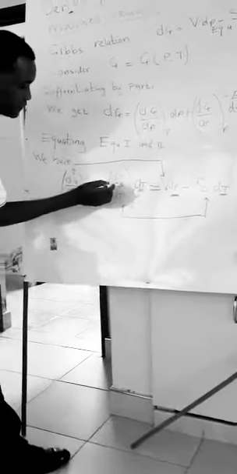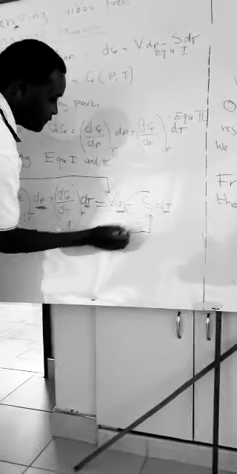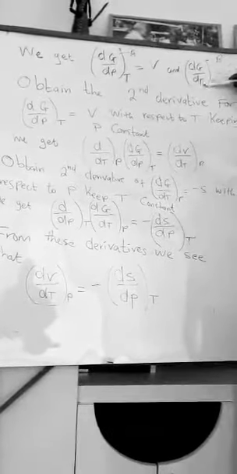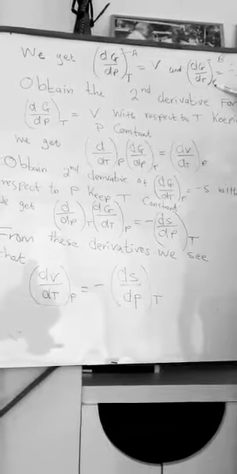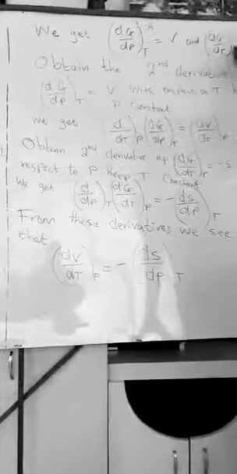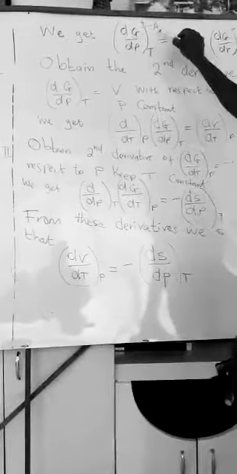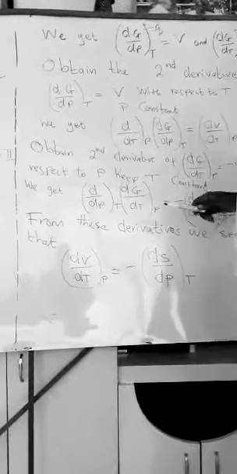We have (∂G/∂T) at constant pressure, which is the same as this one here, negative S, and that is where we derive this other equation: (∂G/∂T) at constant pressure is equal to negative S. So we come up with two other equations from what we have there. This one you can say is equation A and this one is equation B.